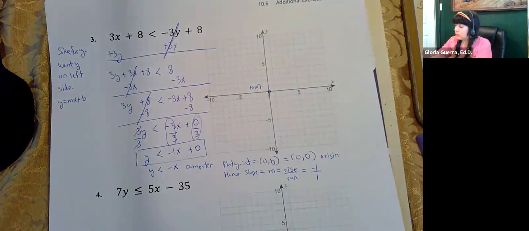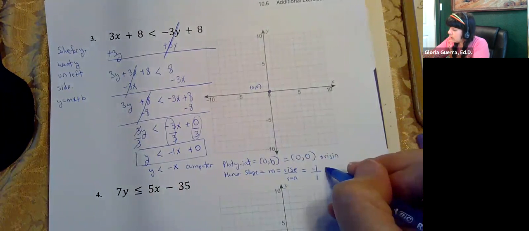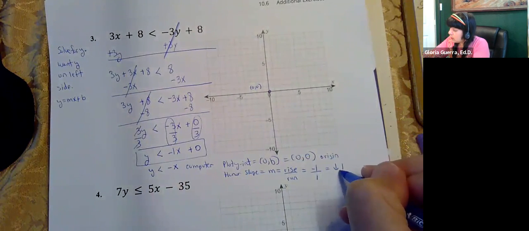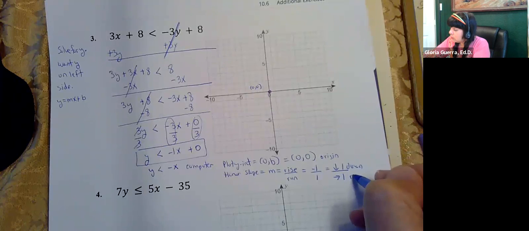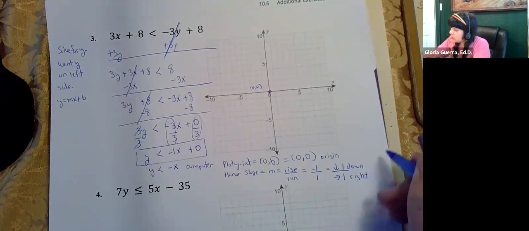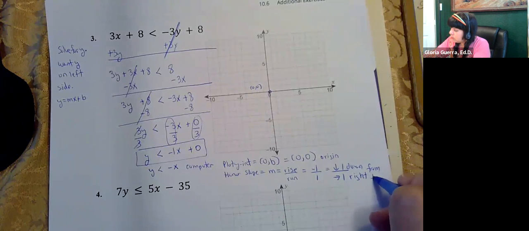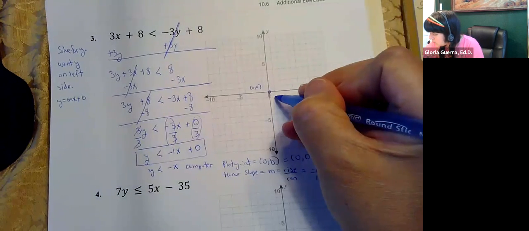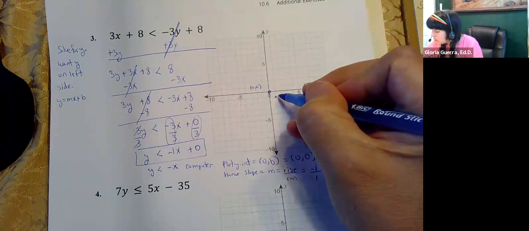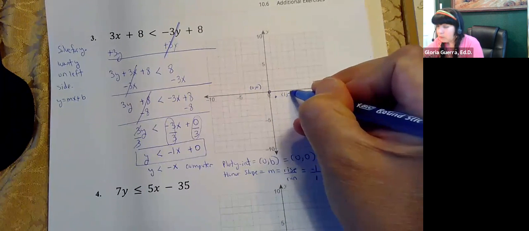So this is telling you to go down 1 and to the right 1. You're doing that from the y-intercept, which was 0, 0. So from the origin, you're going down 1, right 1, and that point is 1, -1.